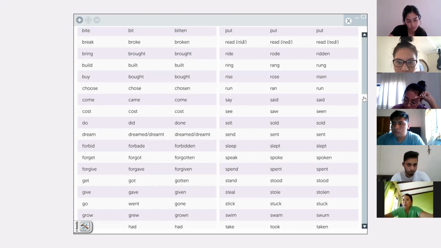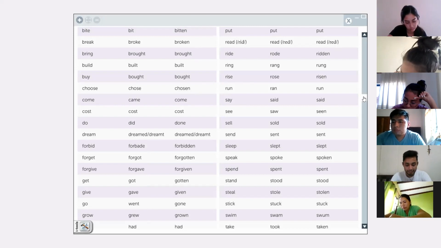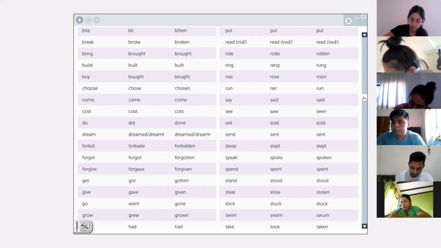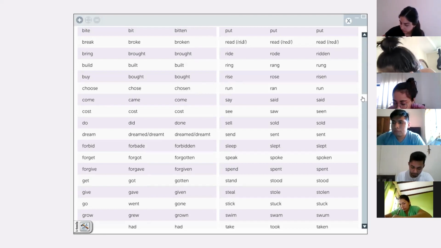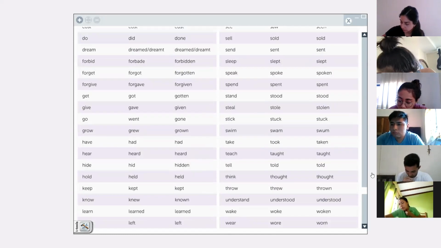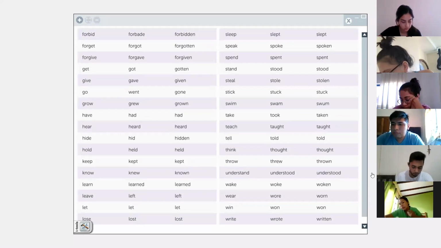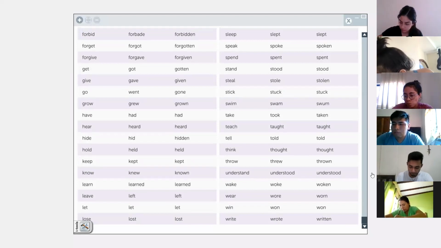Levantar la mano, levantar algo. Stick, pegar algo, como pegar algo en su cuaderno, en la pared. Any other? Throw. Tirar algo, botar. Tirar algo o botar algo. Any other?